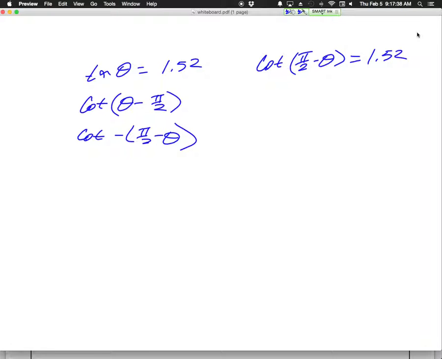Now what do I want to decide? Does the negative go away or does it come out front? It goes out front. Okay, so what is it that I have just proven?